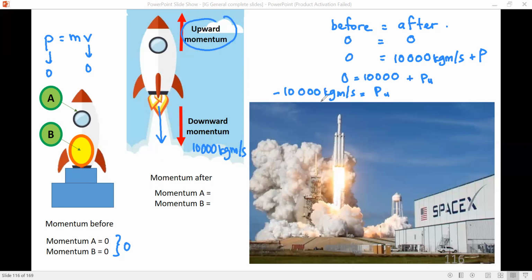Why is it negative? Because it is in the opposite direction. So in conservation of momentum, for an explosion, in this case the rocket, we have both upwards and downwards momentum at the same magnitude but opposite direction. This is how the rocket uses the principle of conservation of momentum.